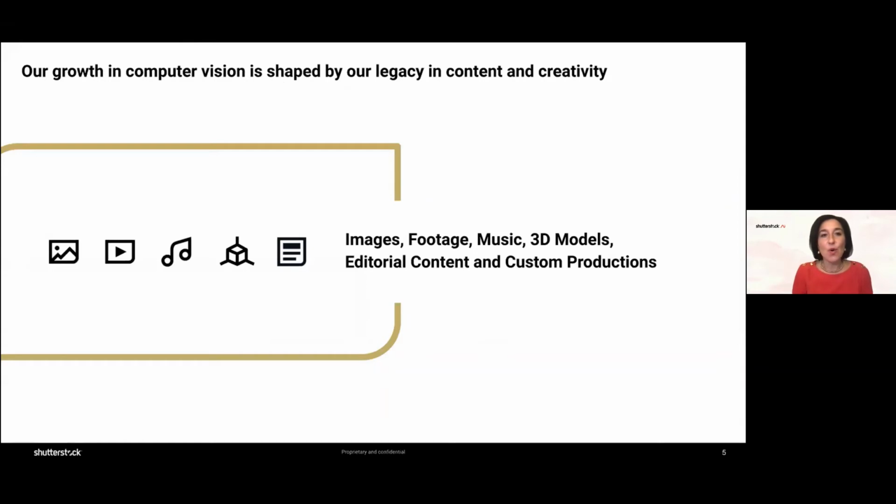So we come at computer vision as visual experts and creative process experts. As I mentioned, we have 400 million images, we have 20 million videos, we have music, both organic and synthetically generated through AI technology, we have 3D objects and 3D models and text.